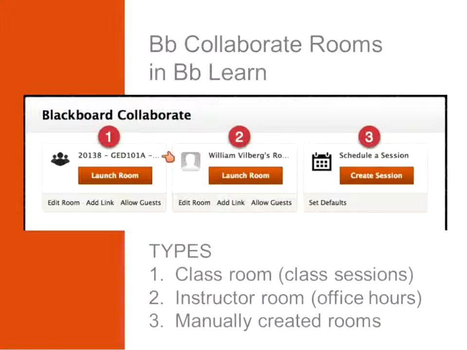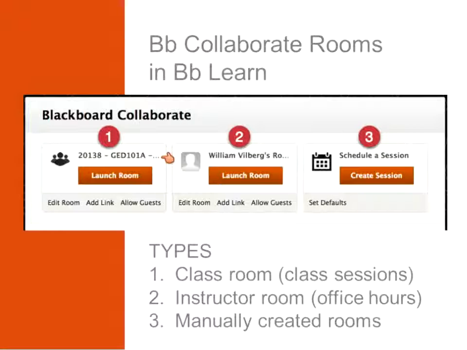In this case, I'm in a class called GED 101A, and that's the class room. This is the instructor's room. Often the instructor will want to use the instructor's room for office hours and things, and say, in this room, all of my students can get in. In the classroom, I just want the students in this class to get in. Now that's completely arbitrary. You can set it up however you want, but that's my way of remembering it.